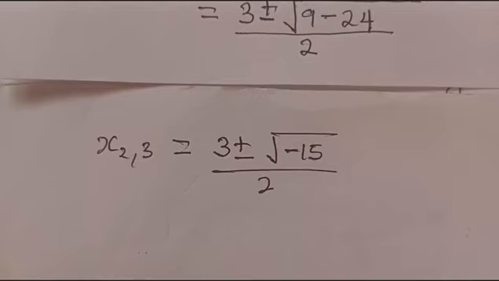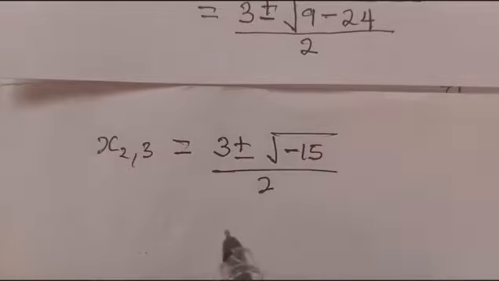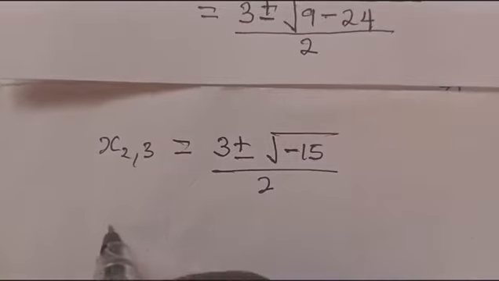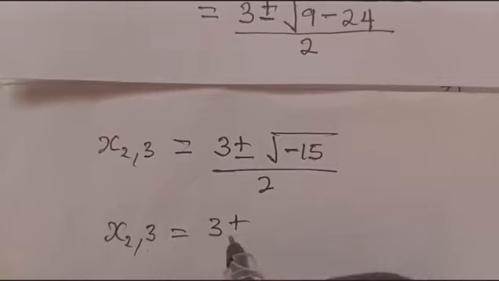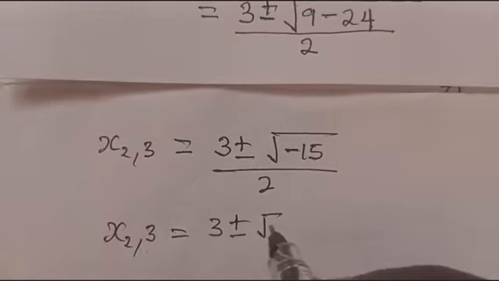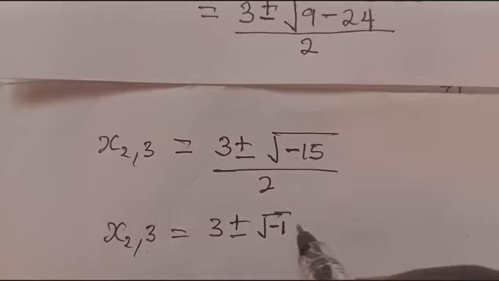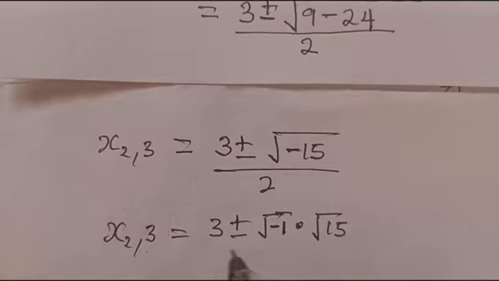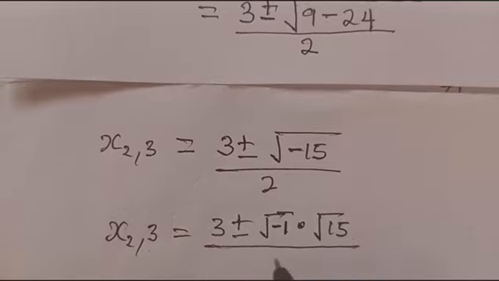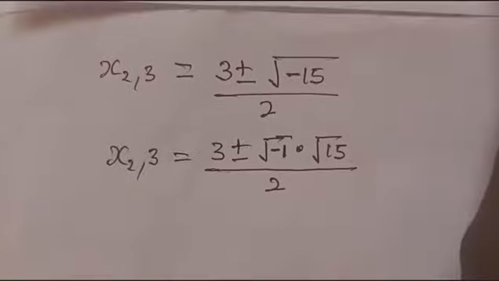Okay, but recall that we can write this x2 comma 3 as 3 plus minus square root of minus 1 times square root of 15, all divided by 2.